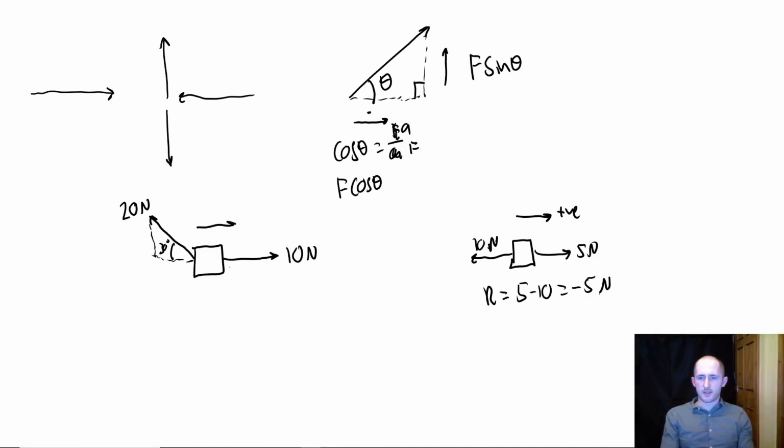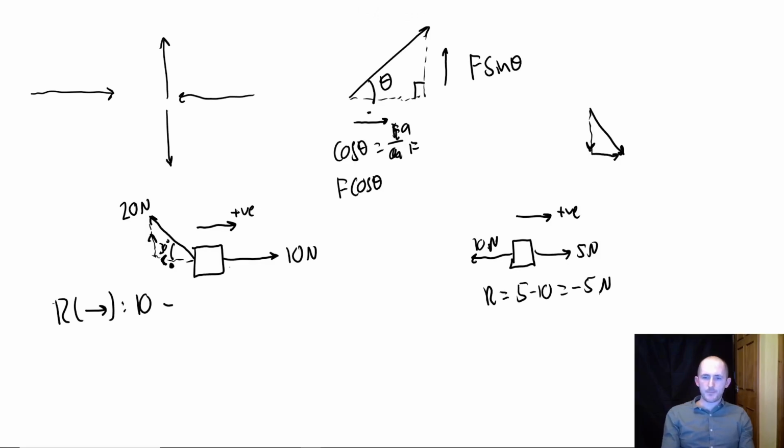So let's say I take to the right as positive. My actual resultant force, if I'm just taking horizontal components into account, is going to be the 10 newtons here minus this adjacent component, because as you can see, this is going to be travelling to the left and this is going to be travelling to the right. And if I had a force that was going down, then this component would be going down and this component would be going to the right.